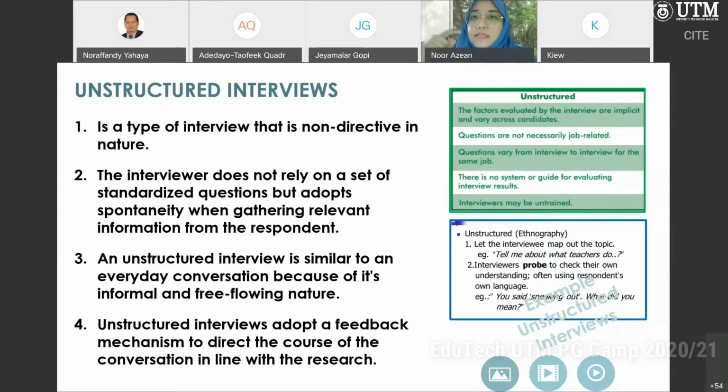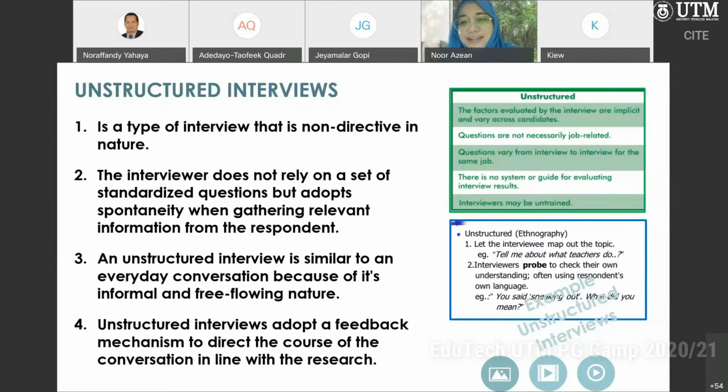The researcher develops a new question based on the responses provided by the interviewee, hence he or she can gather more in-depth and reliable information about the research subject. So it's very interesting to do the unstructured interview, but based again on your research question.